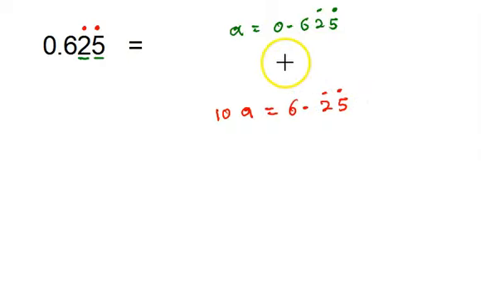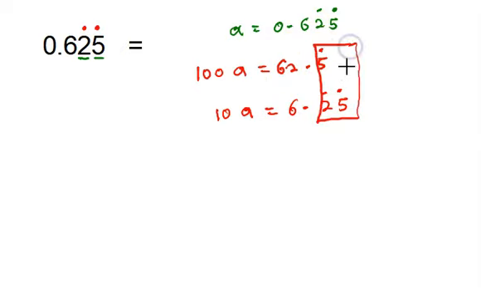Now I cannot multiply by 100 because, let's say I multiply by 100, I would get 62.5. Look at this part, you will have a balance left and you cannot properly eliminate it.